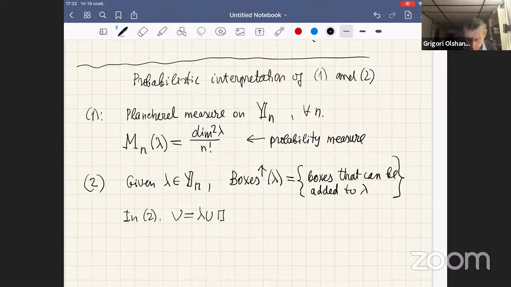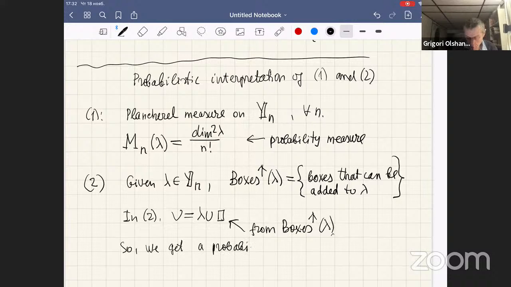We add some box, and this box is from this set. So we get a probability measure on this set.